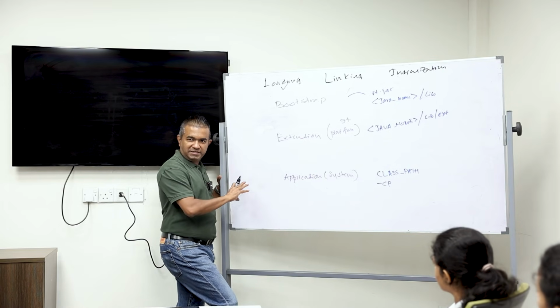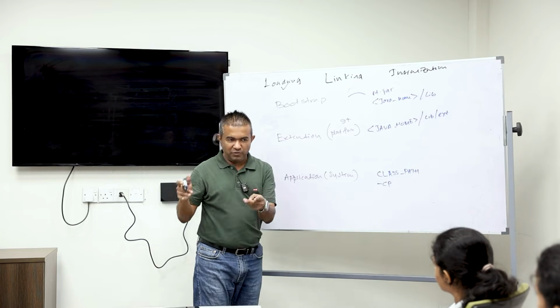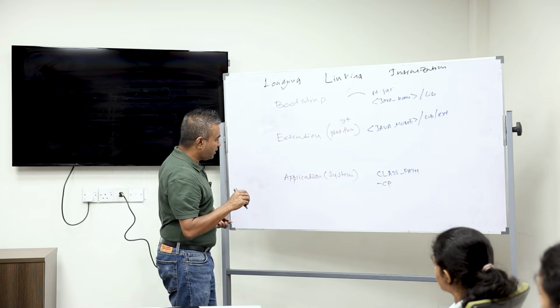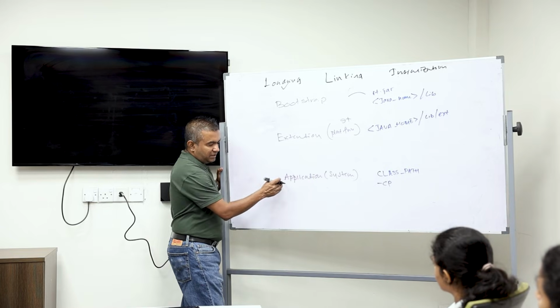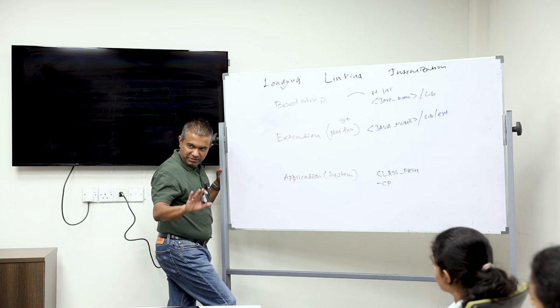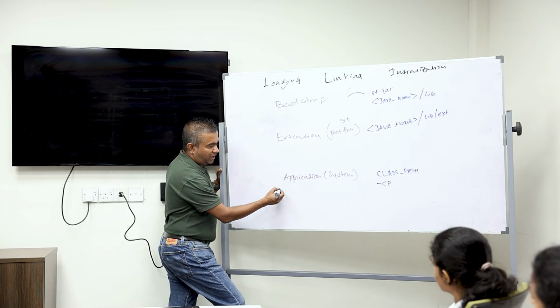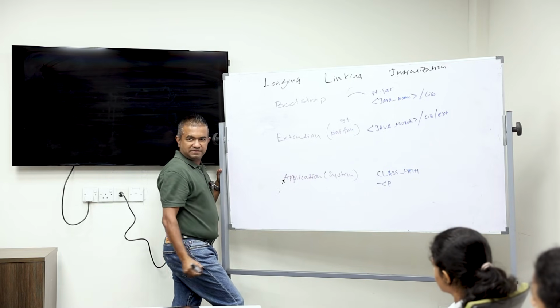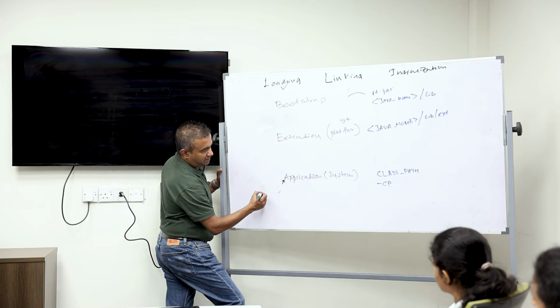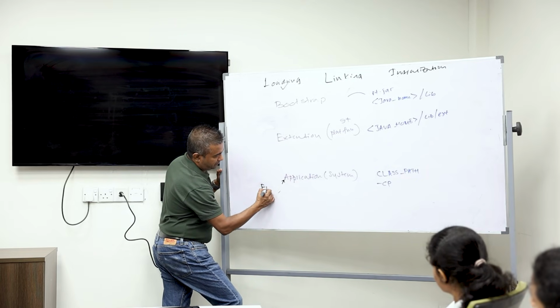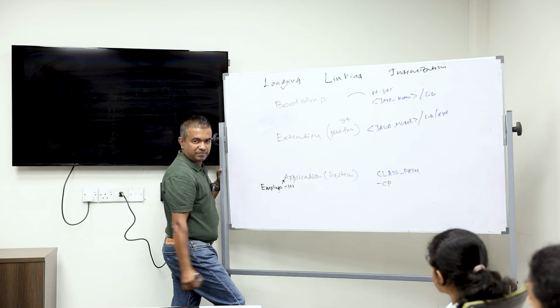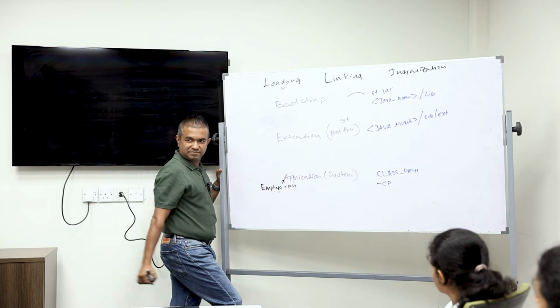First it's going to ask, I'm going to change this in a while, first it's going to ask application class loader, hey, just load this class. Let's say employee.class file. Hey, can you load this?